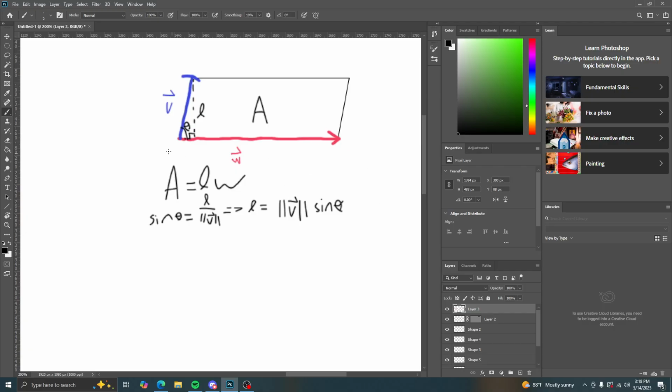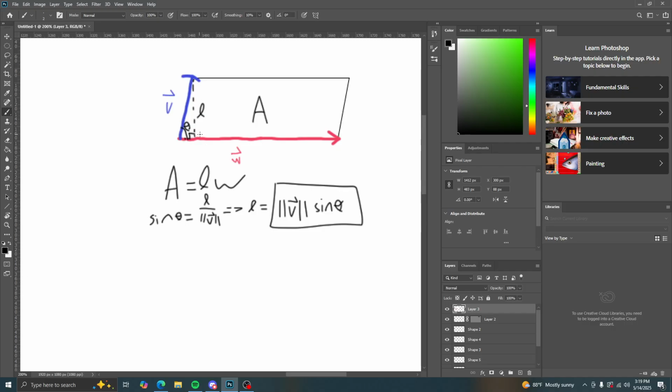And so this is how you get the length. To get the area, you just multiply it by w, the width being vector w.